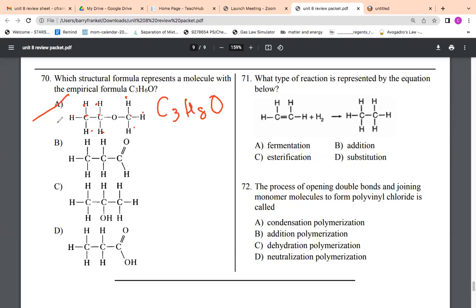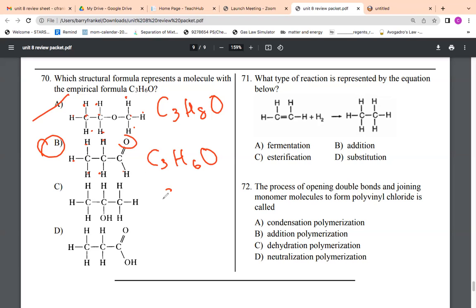Not it. Doesn't match. Next one. We have 1, 2, 3 carbons. We have 1, 2, 3, 4, 5, 6 hydrogens and 1 oxygen. So this works. So it's probably going to be B. Those match.